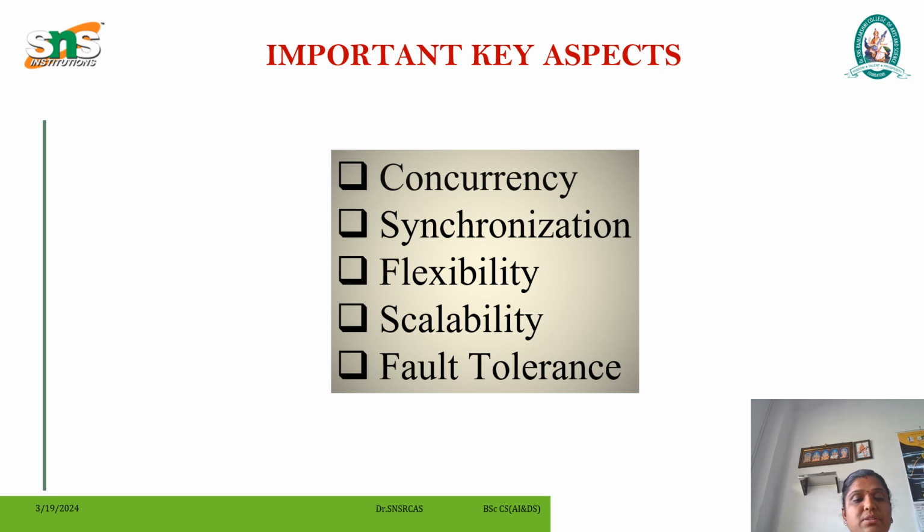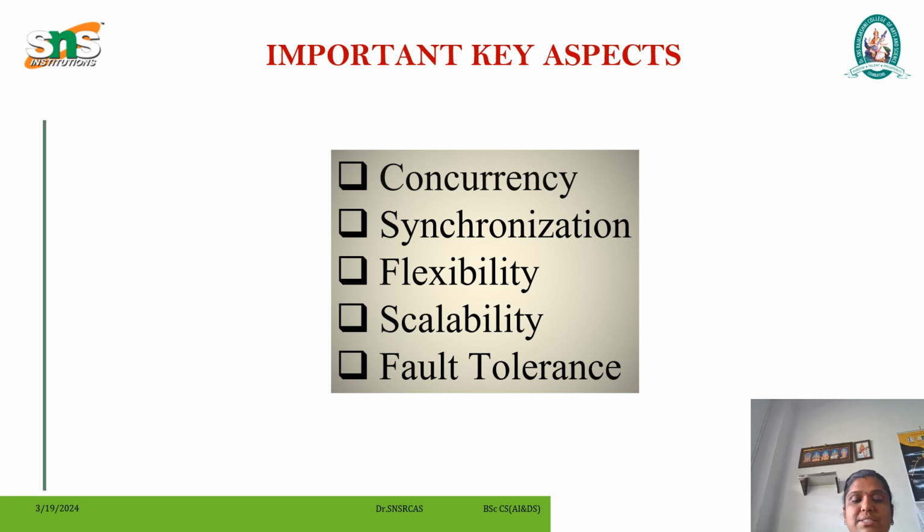Synchronization. The data flow model provides a mechanism for synchronizing data-dependent computations. Nodes in a data flow graph communicate by passing data tokens along edges, and synchronization points ensure the nodes execute only when all the required input data is available.